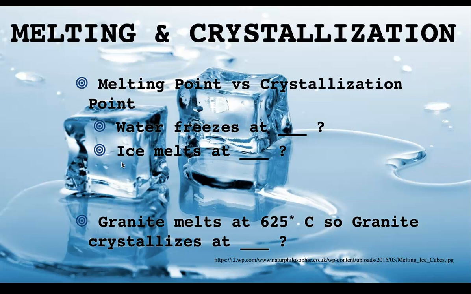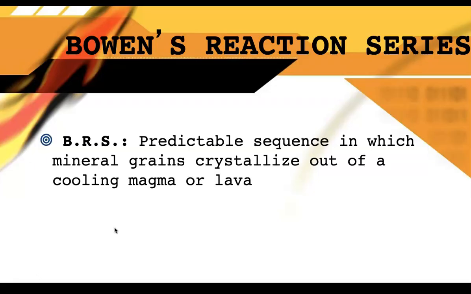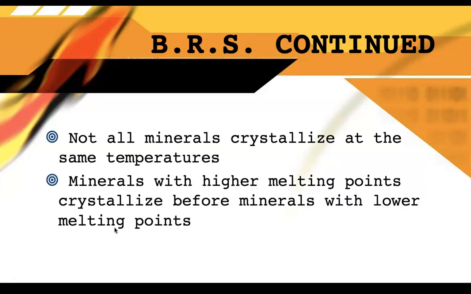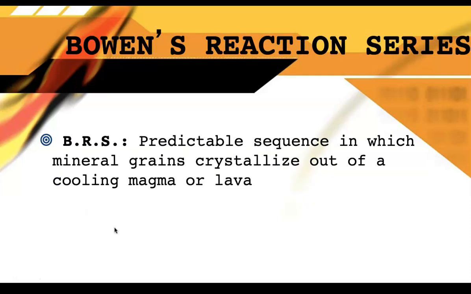So let's bring it back to granite. Granite melts at 625 degrees Celsius. So at what temperature does granite start to crystallize? That's where we are. So what we have to realize is that we're cooling down a mixture.